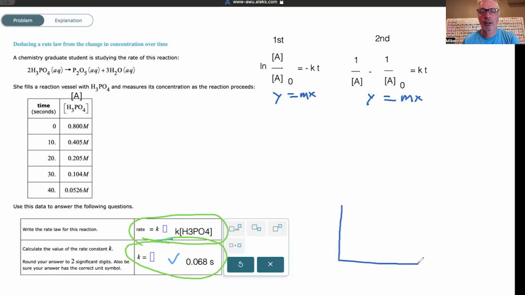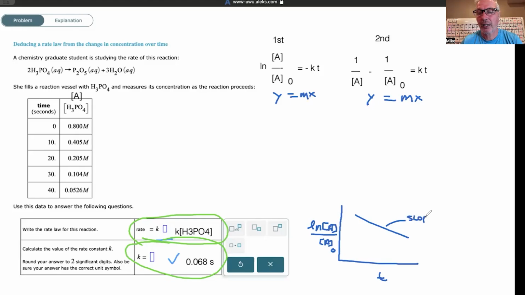I could say, natural log of concentration of A divided by concentration of A initial. I could put that on the y-axis, put T here. If I get a y equals mx form, negative slope line, that means that's first order. What would the slope be? Slope would be equal to K.